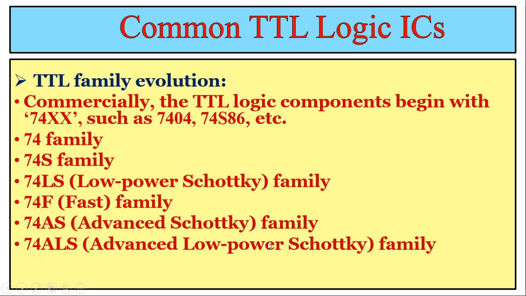Then the other logic families are 74F, that means the fast family. Then 74AS, that means the advanced Schottky family, and 74ALS, that means the advanced low power Schottky family.